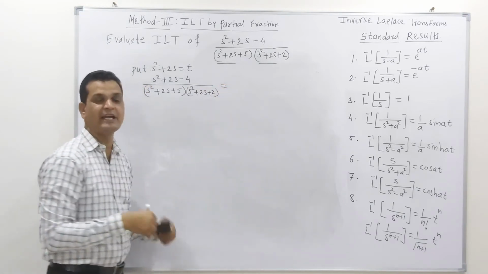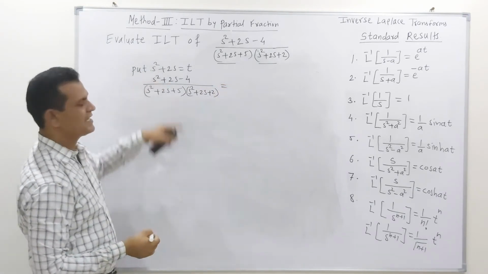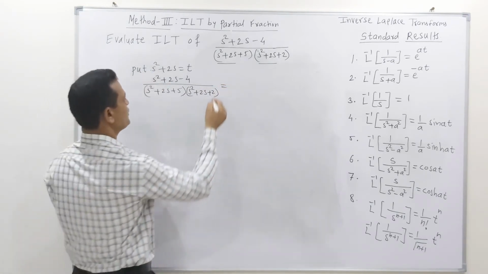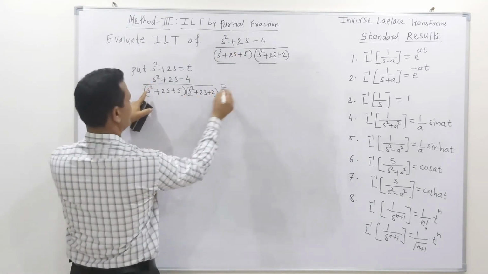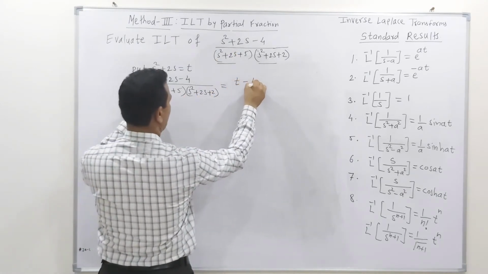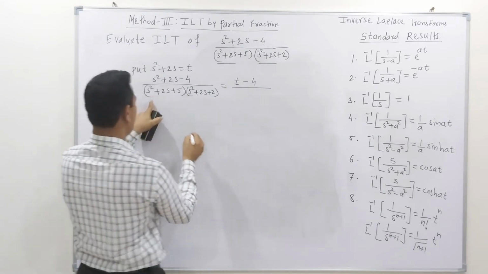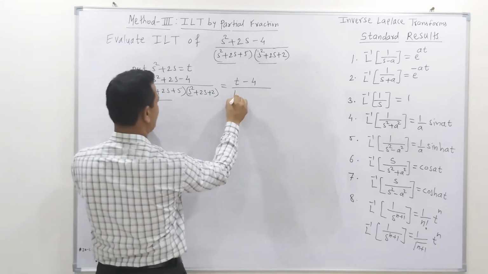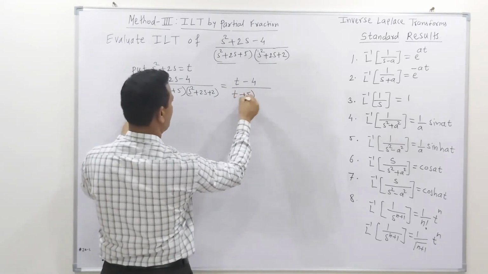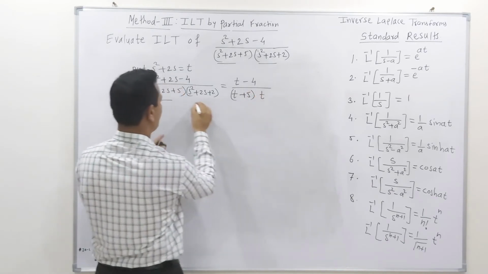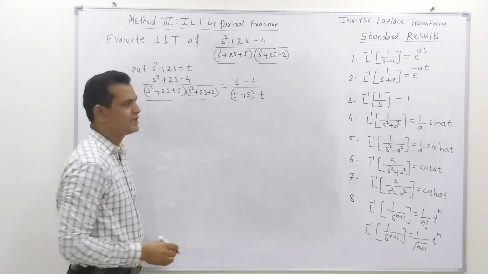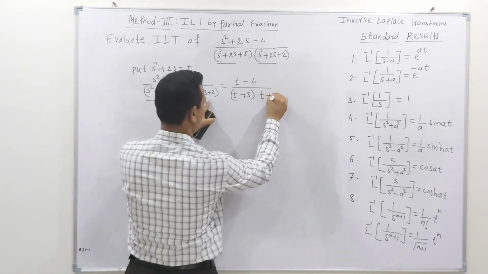After putting s square plus 2s equal to t, in the numerator we get t minus 4 divided by, for the first term, t plus 5, and for the second term, t plus 2.